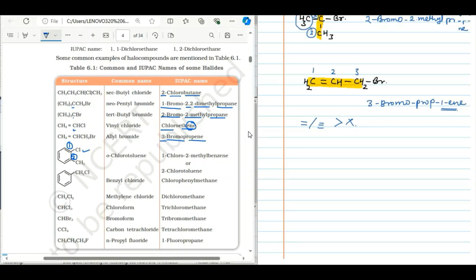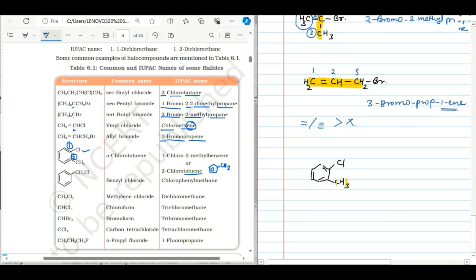Or the other name is also given, 2-chlorotoluene, because when a CH3 group is bonded to a benzene ring, it is called toluene. And if you name it in the form of toluene, first of all write the molecule. Here Cl and here CH3 is there.